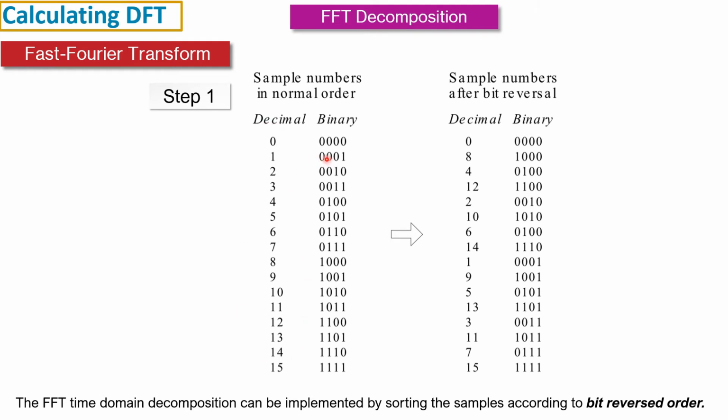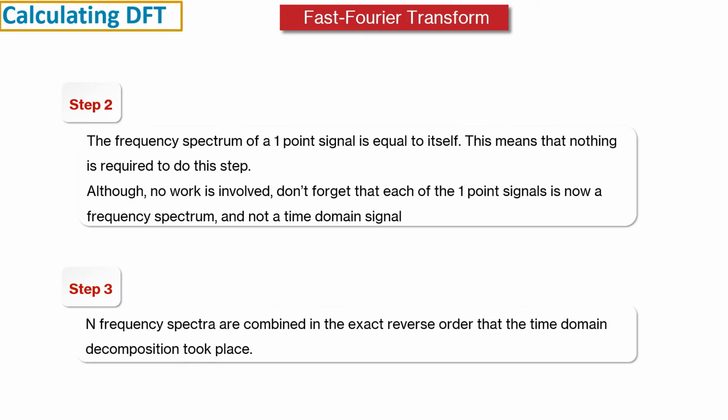That was the first step of decomposition, and the second step is converting the N time domain signals into N frequency spectra. Once we get all those N signals, we have to transform each of them into the frequency domain.